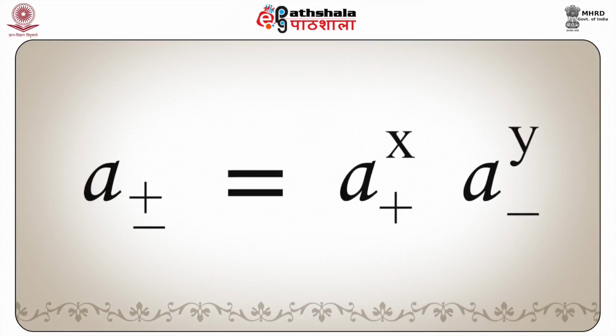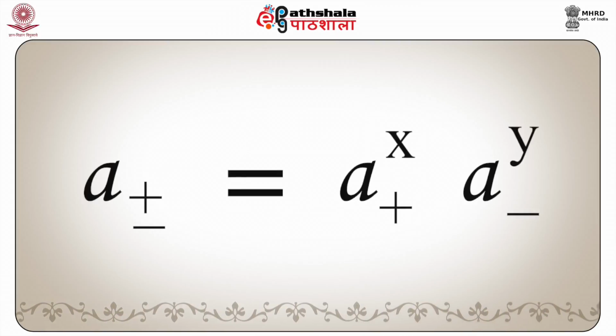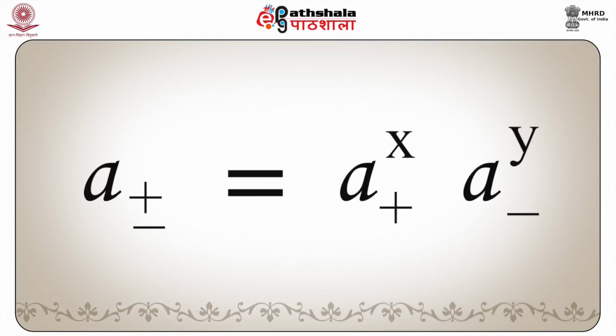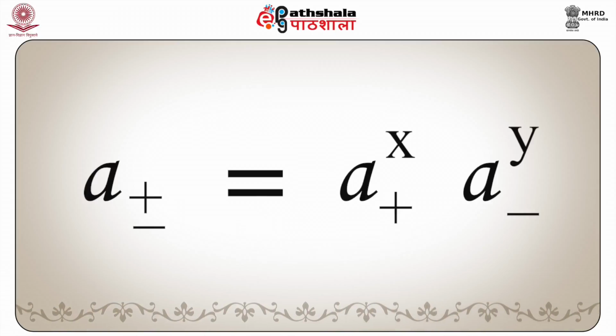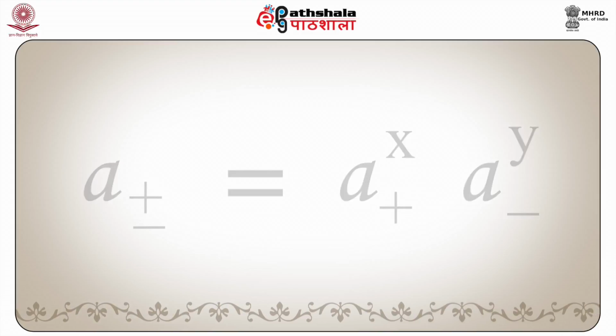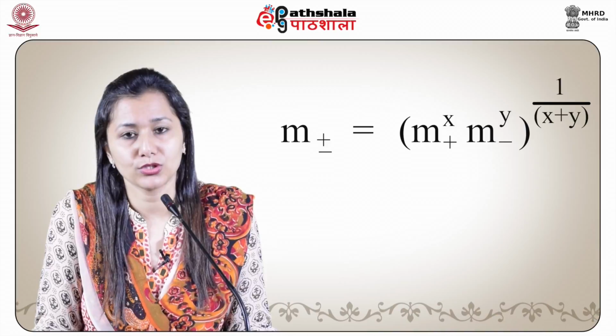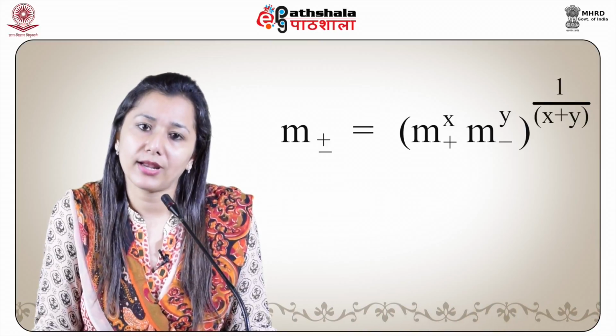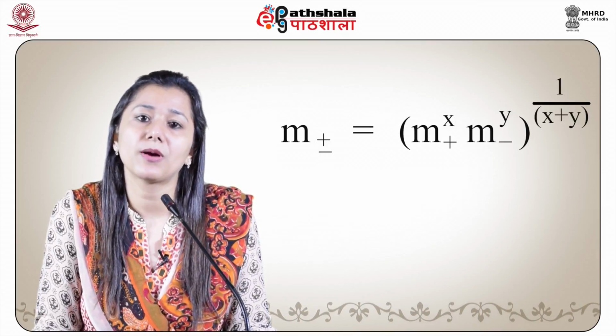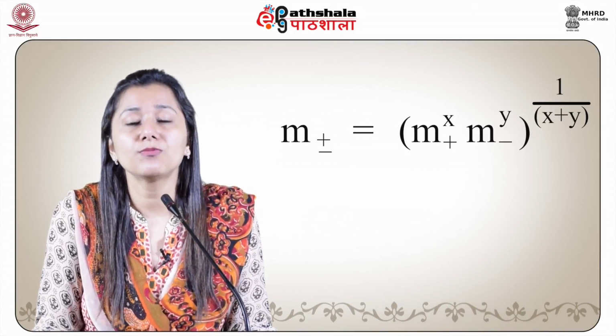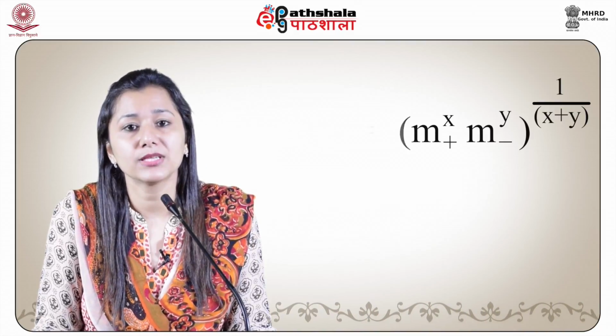Mean ionic activity a plus minus is equal to a plus raised to the power x multiplied by a minus raised to the power y. Mean ionic molality m plus minus is equal to m plus raised to the power x into m minus raised to the power y, whole raised to the power 1 upon x plus y.